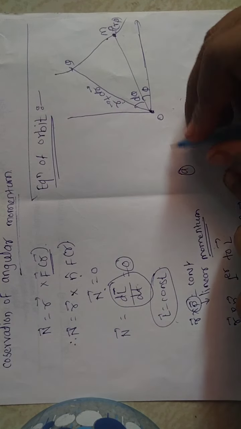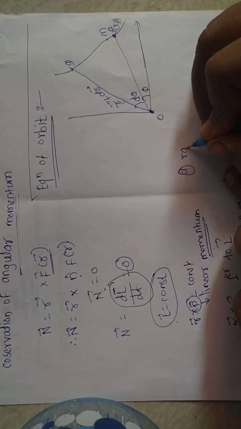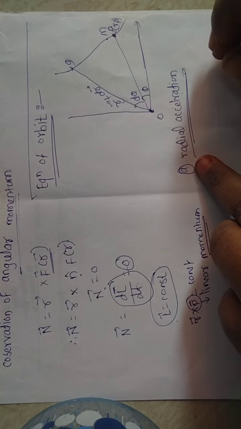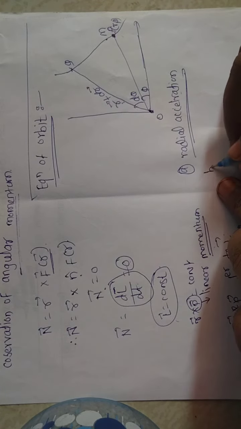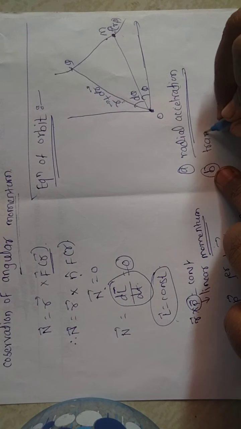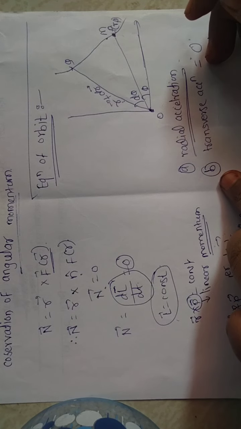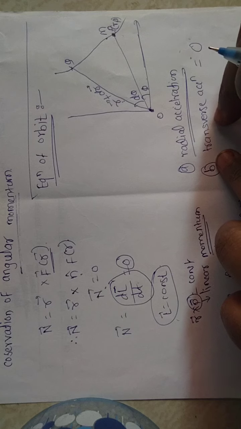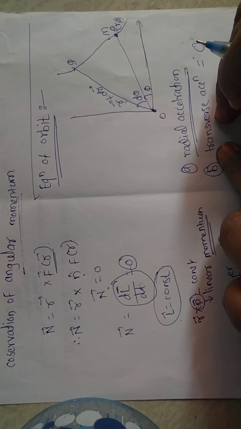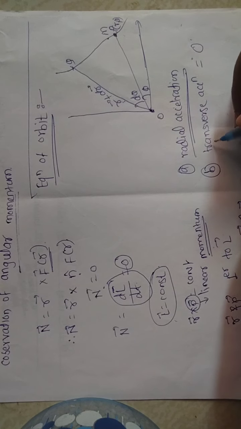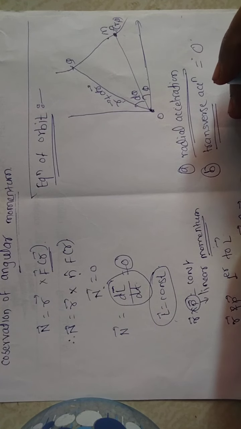The radial acceleration is possessed by this particle under the action of the central force, and the transverse acceleration is 0, because in this direction no central force acts. So the transverse acceleration is always 0.